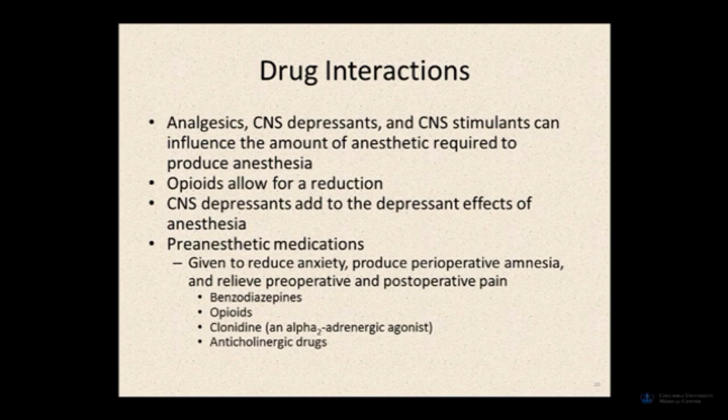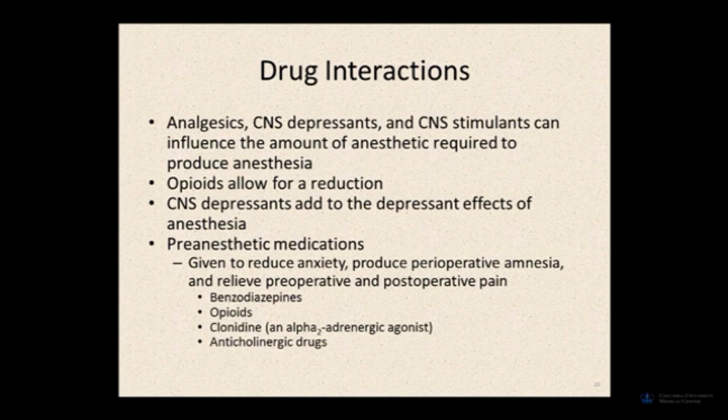And then pre-anesthetic medications: medications given to reduce anxiety, medications to produce perioperative amnesia, and also to reduce preoperative, perioperative, and postoperative pain. So we've got the benzodiazepines, which help reduce anxiety. We've got the opioids for analgesia.